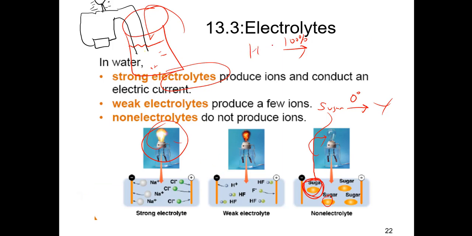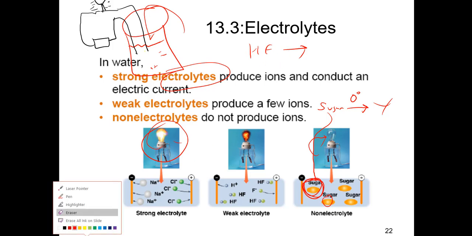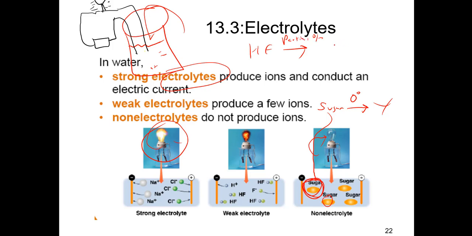So if I have hydrogen fluoride, then you're going to have a partial percentage of molecules dissociating into ions. Furthermore, as soon as they turn into ions, they may change their mind and turn back into the neutral molecule again.